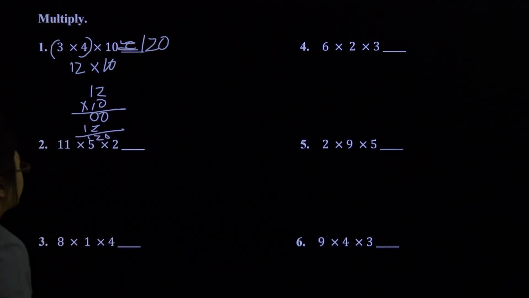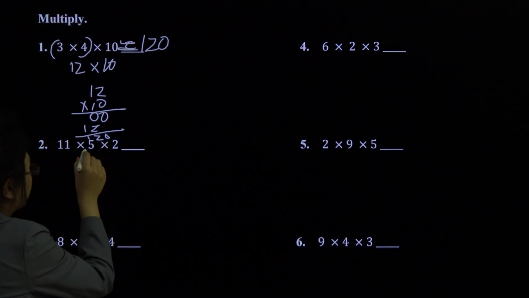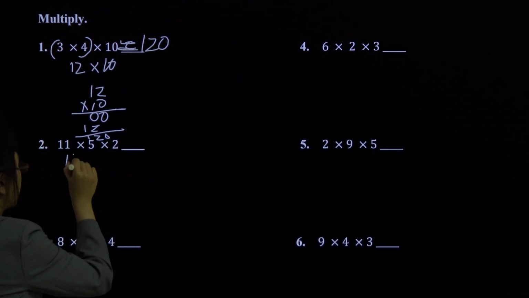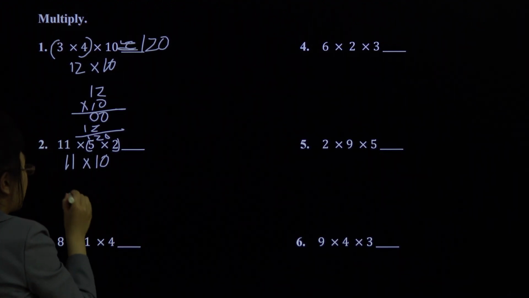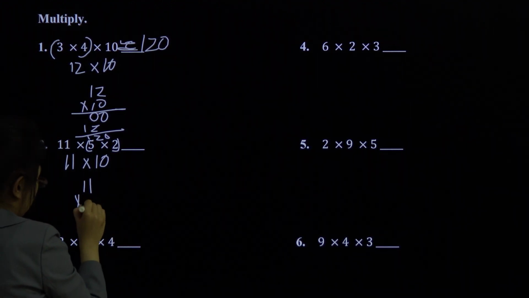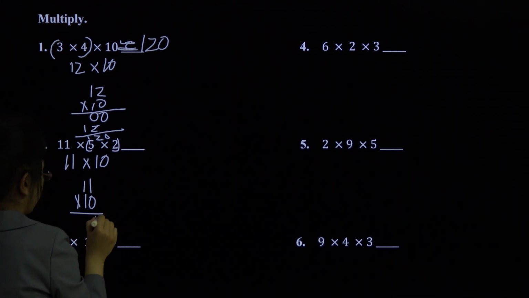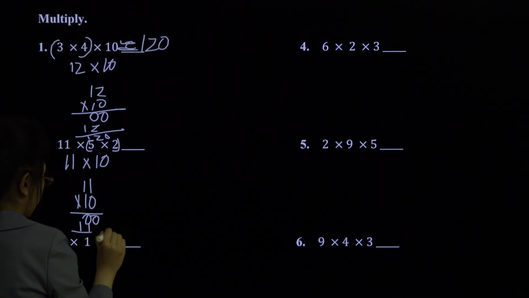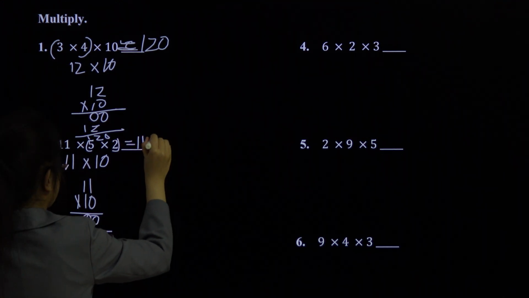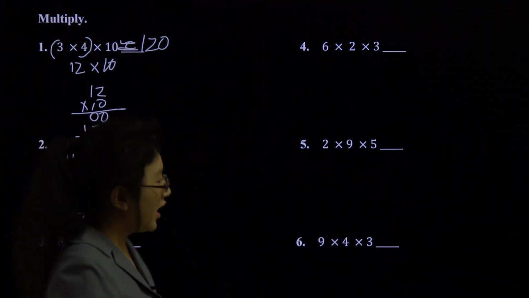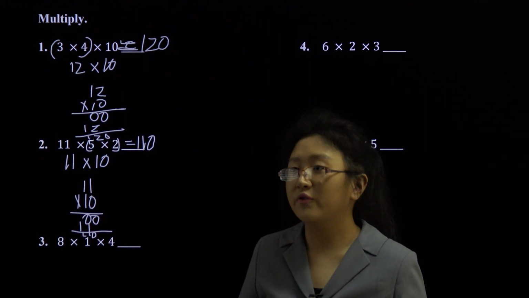I'm going downwards, okay. 11 times 5 times 2 is equal to 11 times 5 times 2 in brackets, which is equal to 11 times 10, and 11 times 10 is equal to 110.